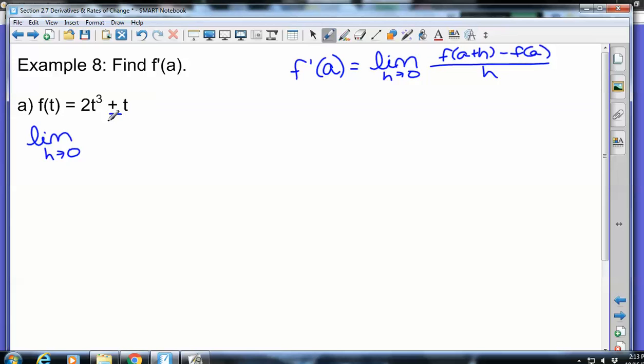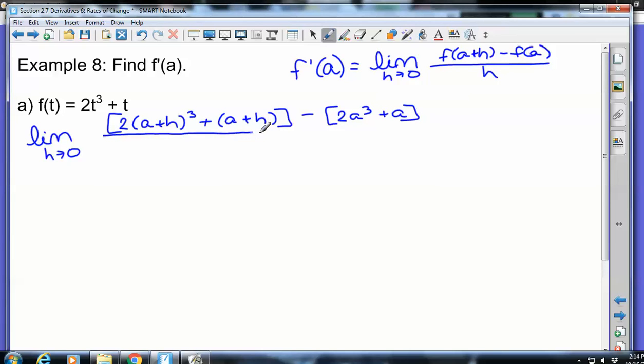So we've got the limit as h approaches 0. F of a plus h. You're going to replace these t's with an a plus h. Minus f of a. So you just replace your t's with an a. All over h.